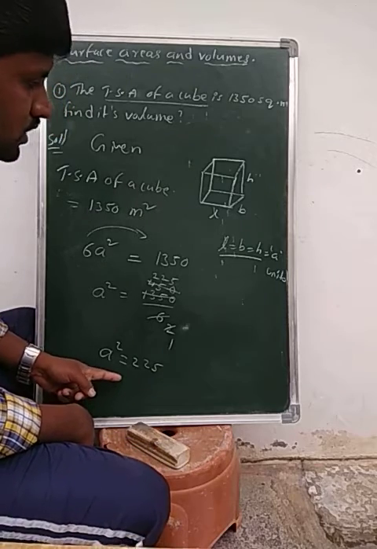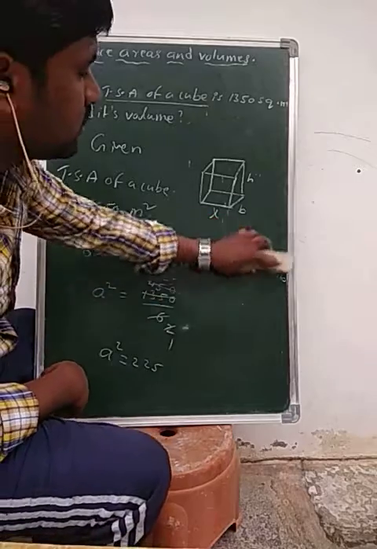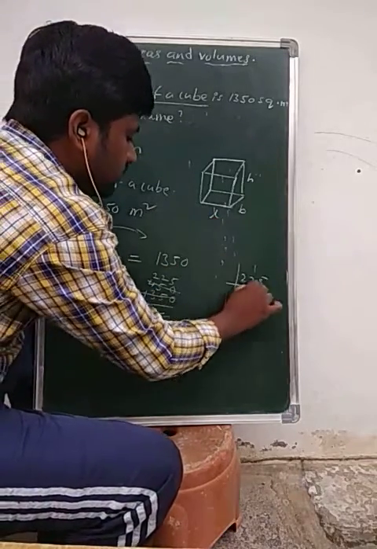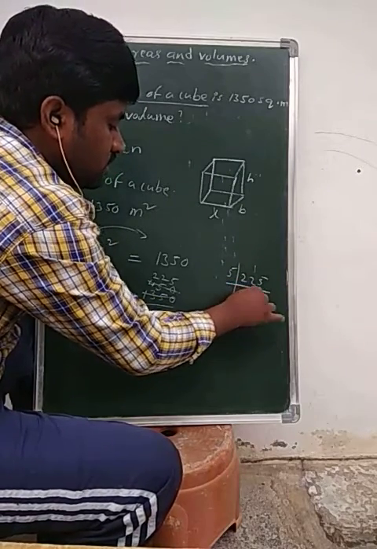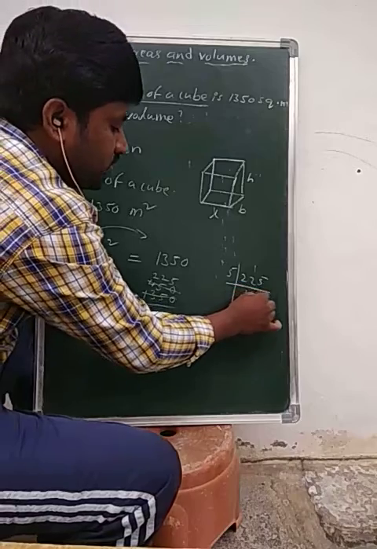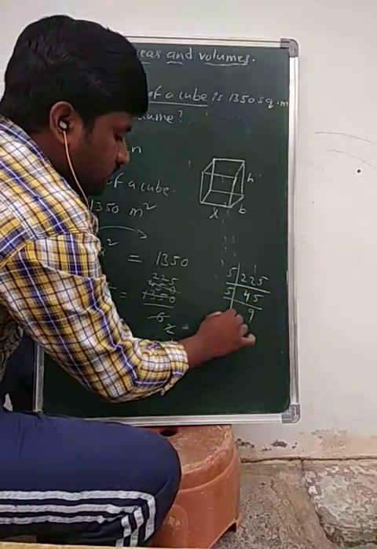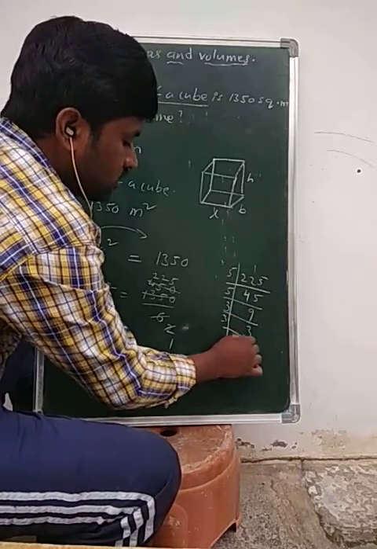So find out the factors of this 225. Then what do we get? 225. In the 5 table, 5 4s are 20, 5 5s are 25, 5 9s are 45. 3 3s are 9, 3 1s are 3.